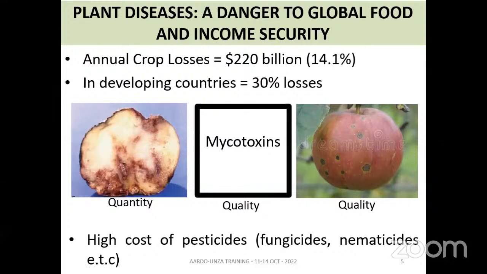Obviously, that entire potato is gone. Nobody is going to cook that because the whole of it is lost. If you have a lot more like that, it means a huge quantity of your produce is lost, which is bad news. There is also what I've put in the middle, what we call mycotoxins. This is something that is also caused by microbes.